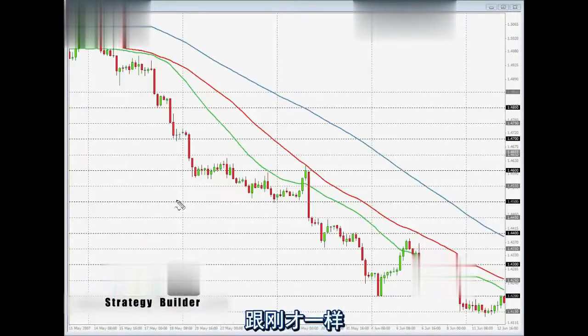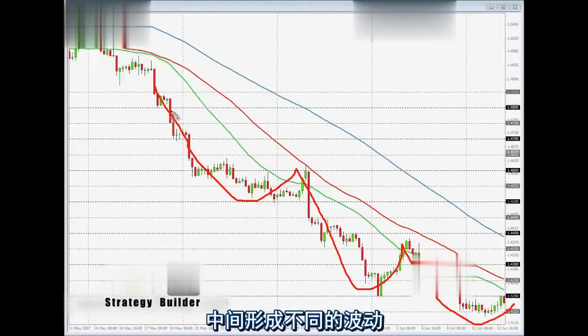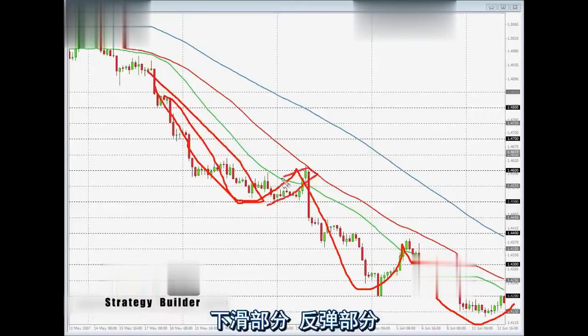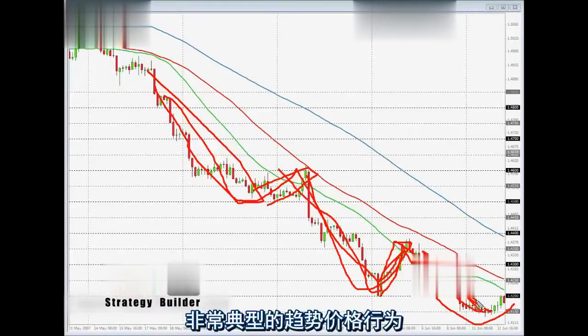Basically, as we were seeing in the previous example, in a downtrend price swings up and down, like in any other trend, and every swing is formed by two parts: the impulse part and then the retracement part, and then a new impulse part, etc., like any other typical trending price action.